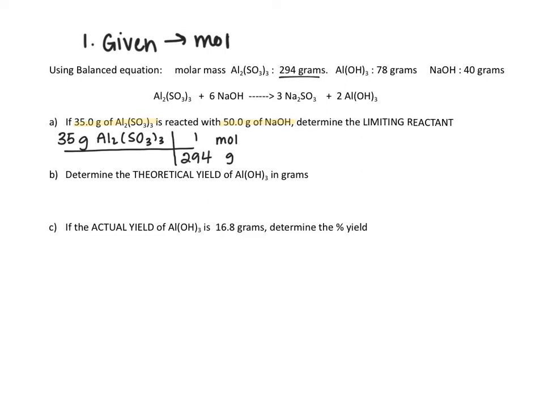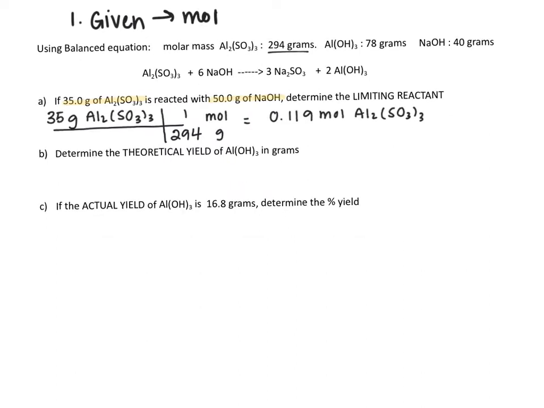And to solve for my moles, remember, I'm going to divide. So I put in my calculator 35 divided by 294. I hit enter. Oops. And I'm given 0.119 moles of Al2(SO3)3.